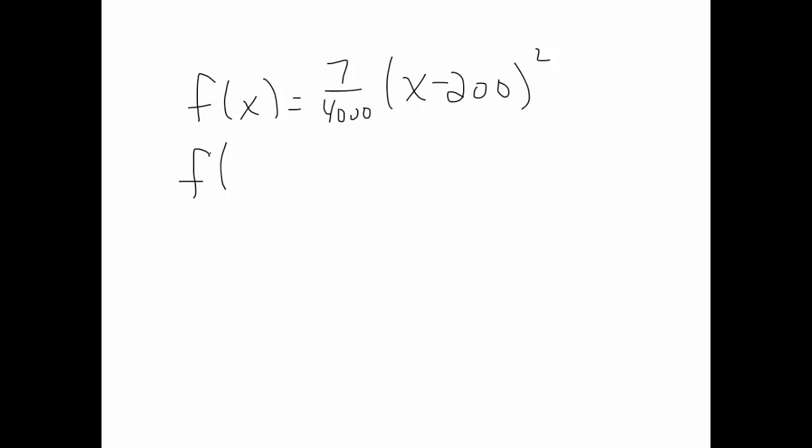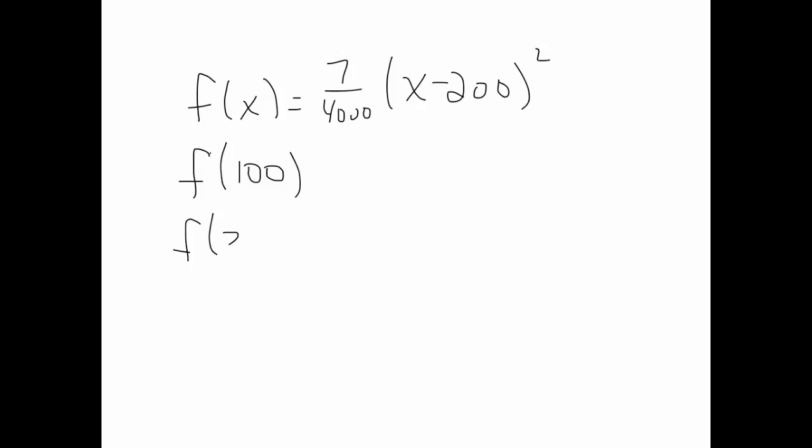So f of x is 7 over 4,000 times x minus 200 squared, and the question was, what is the height of the cable when x is 100 meters from the center?